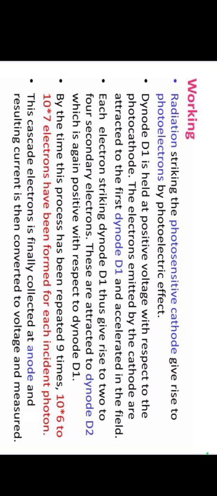Each electron striking dynode D1 gives rise to 2 to 4 secondary electrons. These are attracted to dynode D2, which is again positive with respect to dynode D1. By the time this process has been repeated 9 times, the electrons are finally collected at the anode and the resulting current is then converted to voltage and measured.